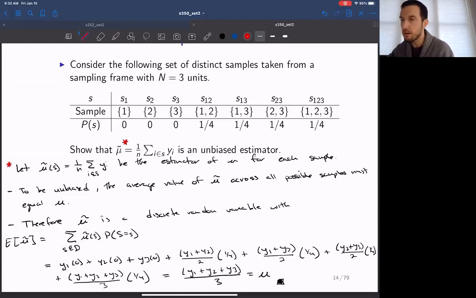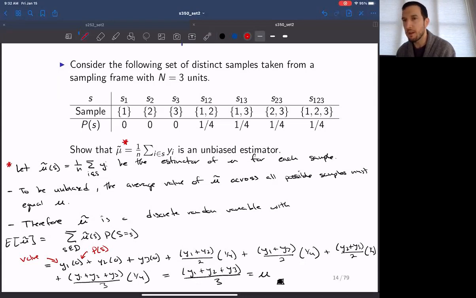Now, if you consider what's written down before we get to the final two lines here, we have y1 times 0, for example. This is simply value multiplied by probability of S. Okay, and then I'm just continuing that trend for each of the different samples. Now, if you want, you can, instead of writing y1 or y2, you can just write 1, 2, and 3.